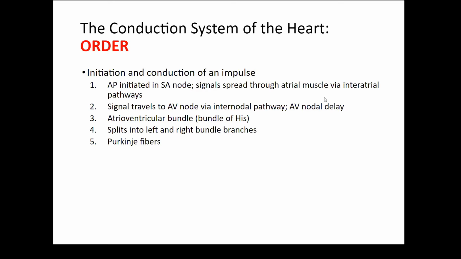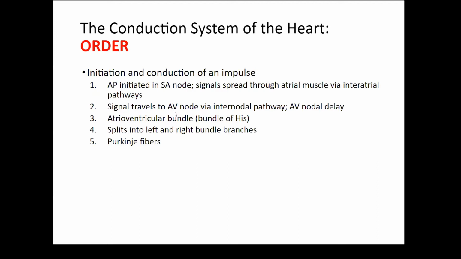Okay, so they're spreading through the atrial muscle, through some interatrial pathways. They're also sending that AP, that action potential, to the AV node via the internodal pathway. So when the SA node sends off its electrical current, one of the places it's going, kind of fast on this internodal pathway, acting like a highway, is to the AV node.